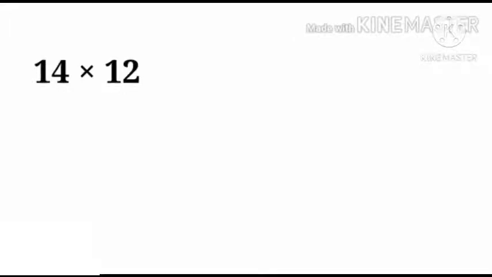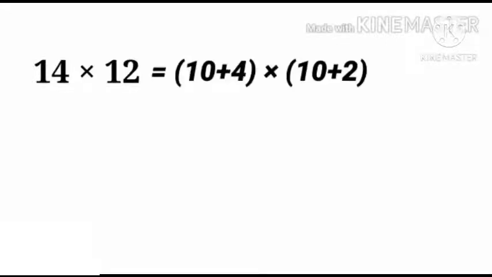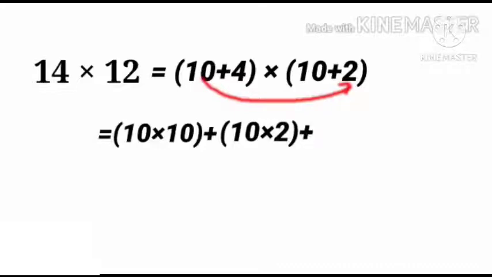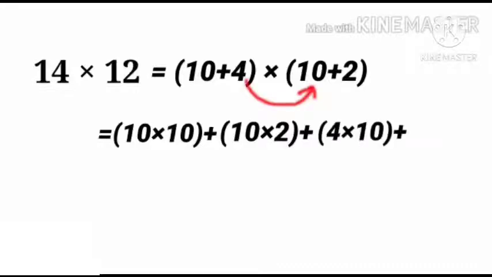First, split these numbers into tens and ones. We can write 14 as 10 plus 4 into 12 as 10 plus 2. First multiply 10 by 10, that is 10 into 10. Then multiply 10 by 2, that is 10 into 2. Then multiply 4 by 10, that is 4 into 10.